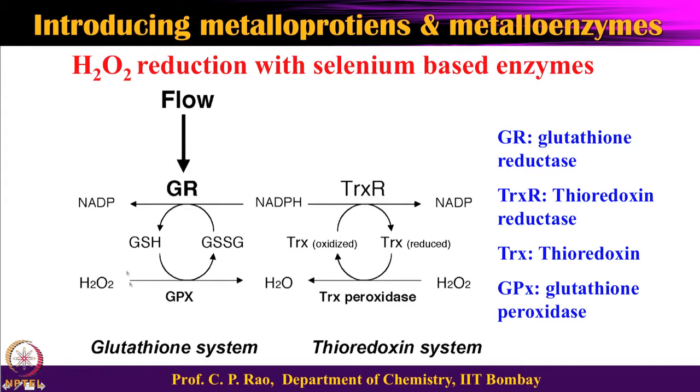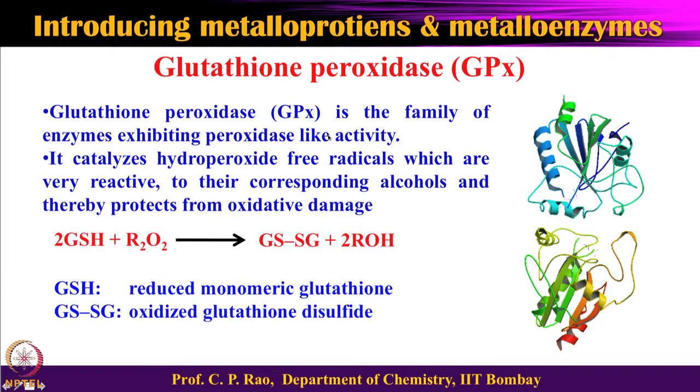So this part is called glutathione reductase: glutathione peroxidase, glutathione reductase, thioredoxin peroxidase, thioredoxin reductase. So, these are how things are. As I have repeated to you several times, I am sure you will be able to understand without any difficulty. Now, let us come for a while to glutathione peroxidase.